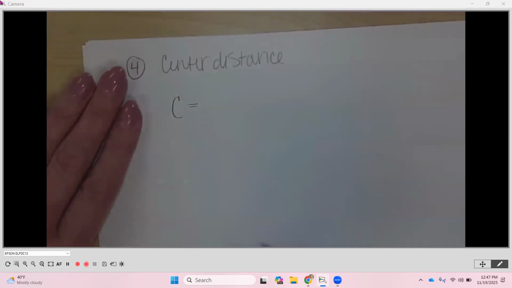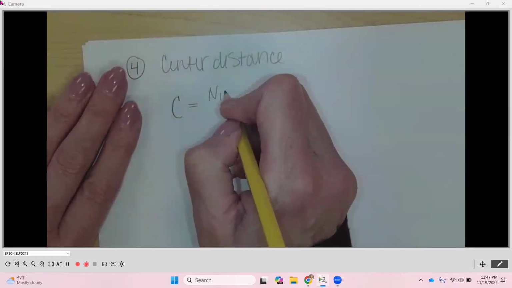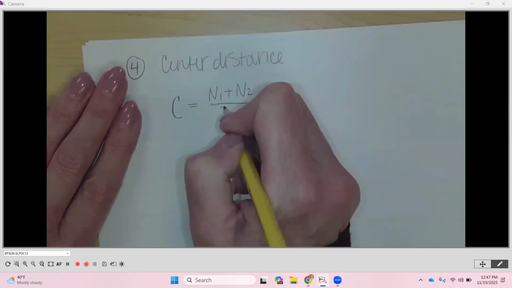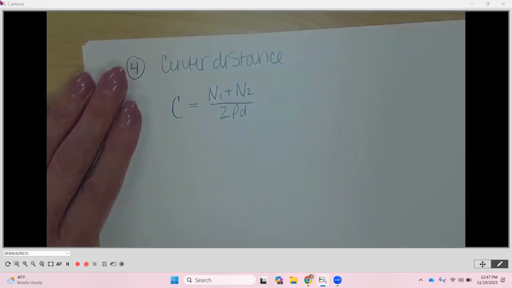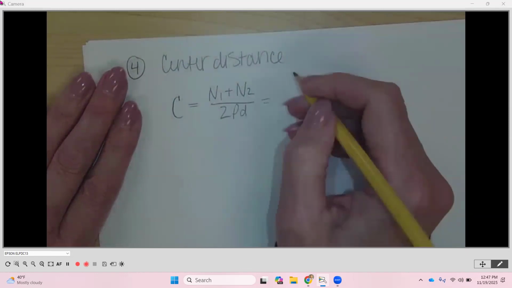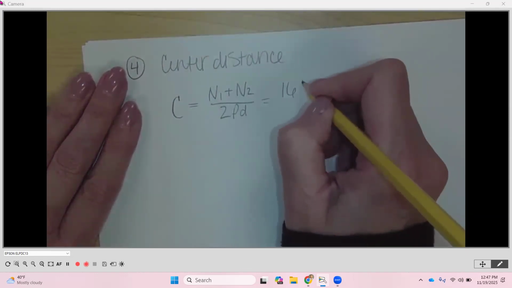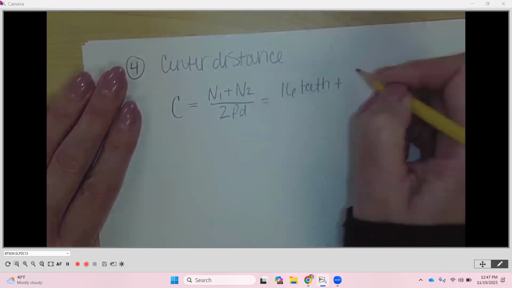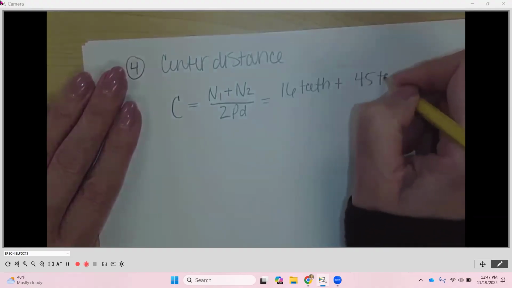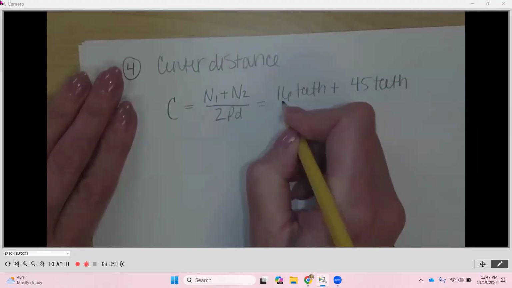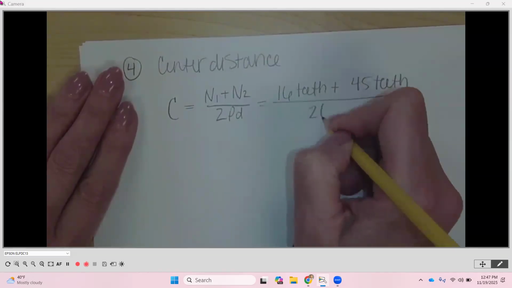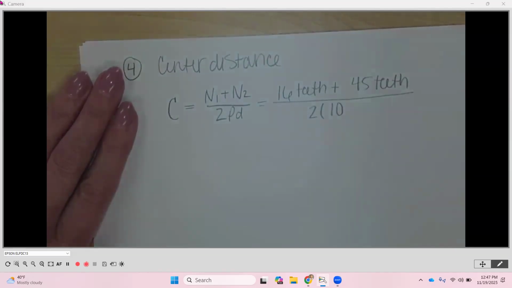And that's the one that I'm going to use. So I'm going to say N1 plus N2 divided by 2 times the diametral pitch. So this is going to be 16 teeth plus 45 teeth, divided by 2 times 10 diametral pitch.